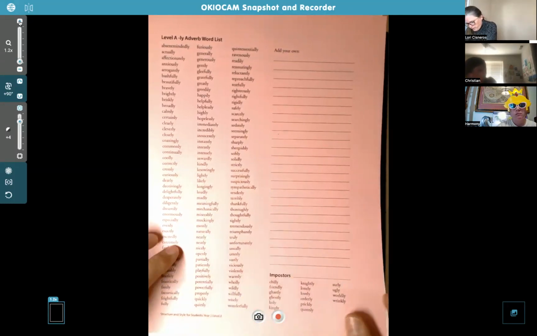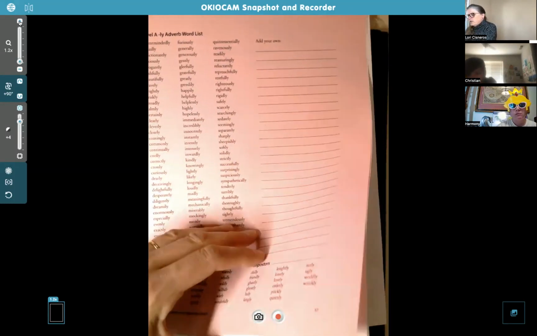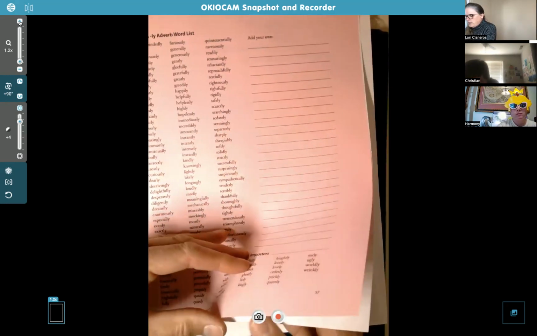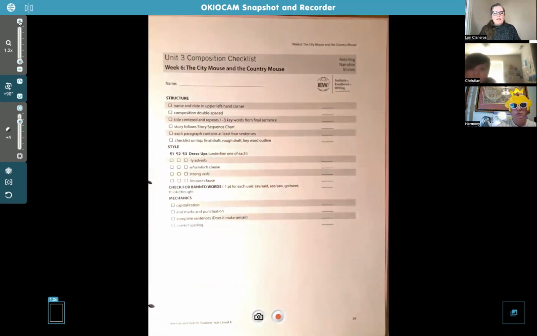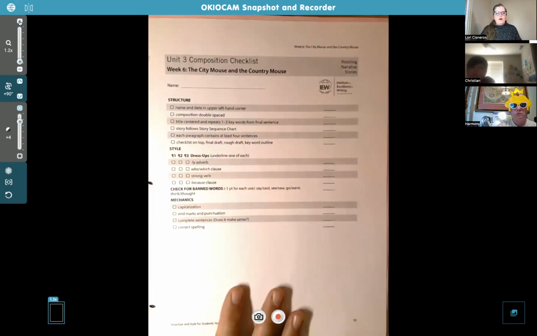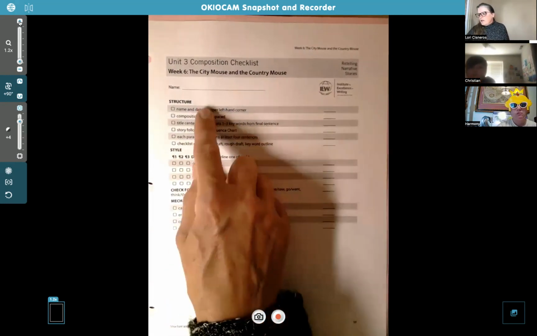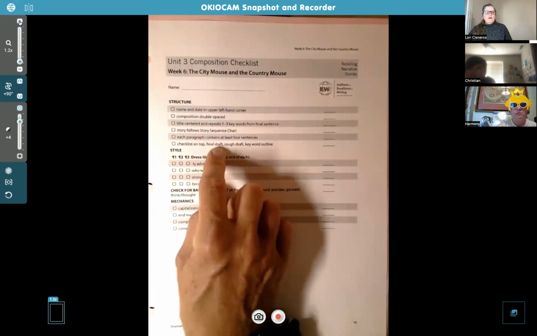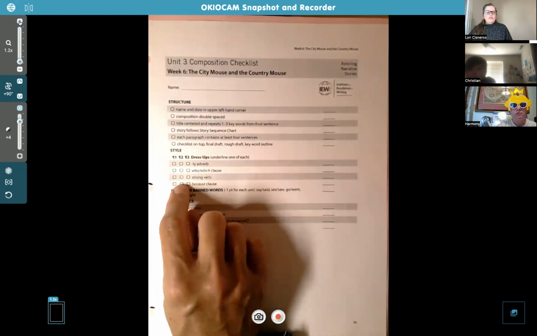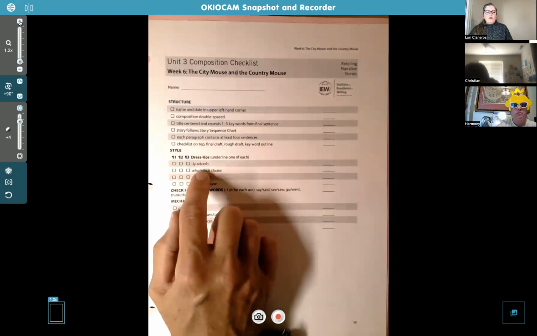Now let's look at the checklist really quick before we get started on the main story here. The checklist is here, page 59. Just want to peek at that. You guys know about these. These are really super important when you go to do your homework. Everything on top is pretty much the same as it has been. Okay, let's check down here under style. We have more dress ups now.